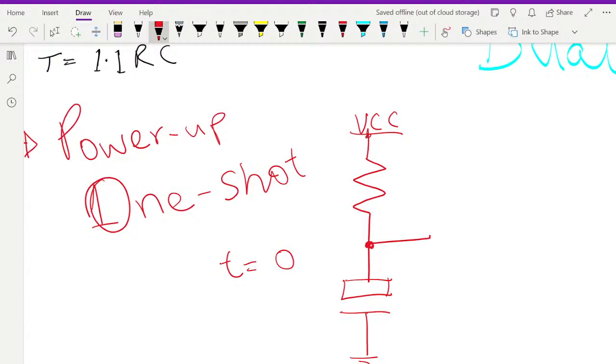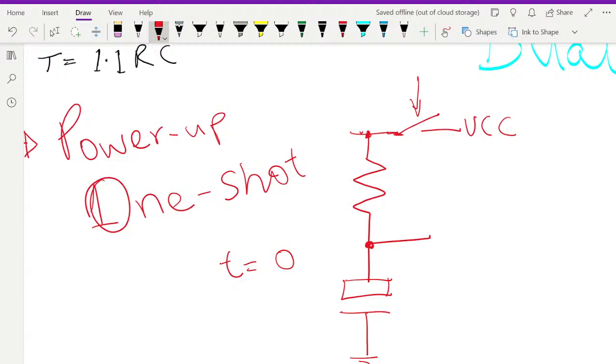The moment you provide power, let's just assume we're going to have a switch here. So let's put a switch here, and then this is our VCC.